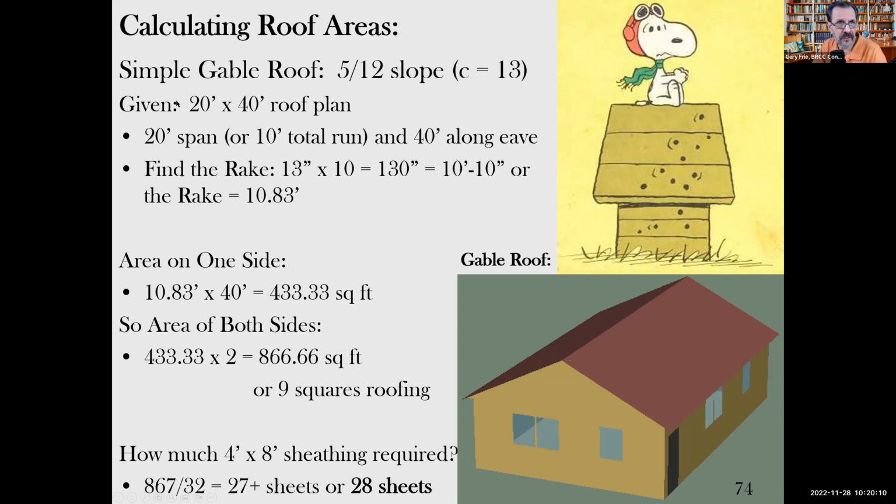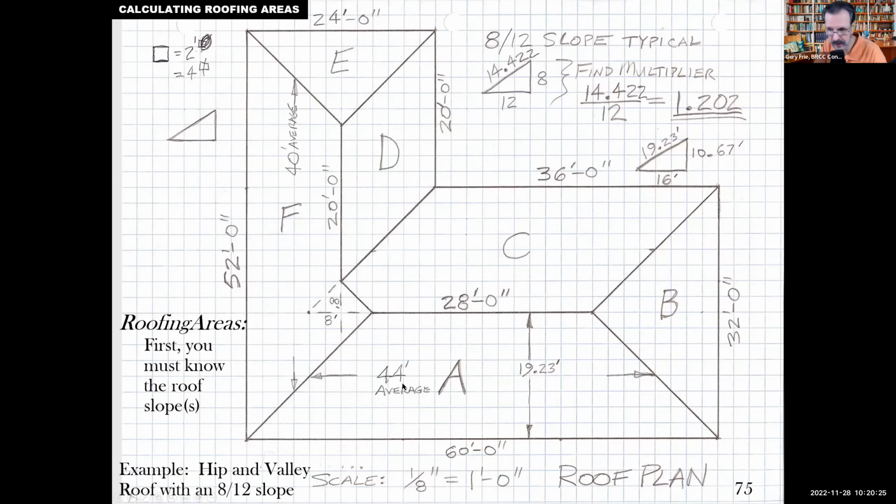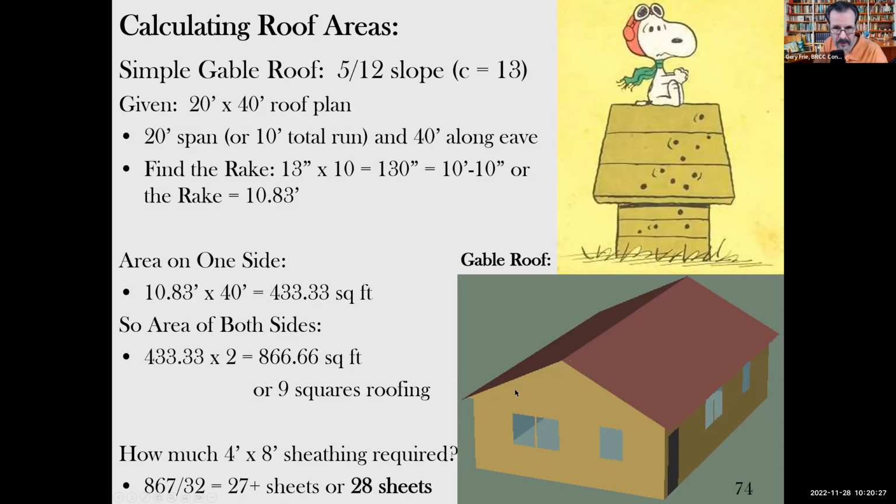So here in this example, I've got a 20 foot by 40 foot roof plan. Looking from tip of the gable to the tip of the gable on the other side, from tip to tip across here, it's 20 feet.